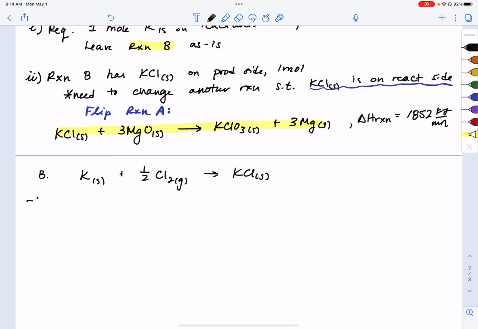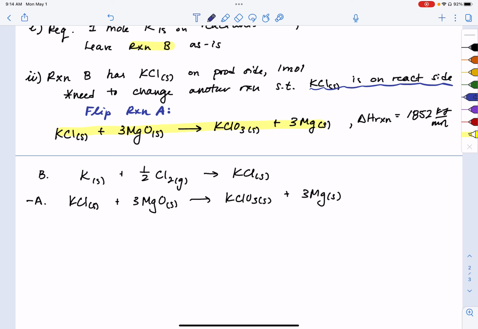And then the flip of reaction A, so I'm just putting a negative sign to indicate that we reversed it, is our KCl solid plus 3 MgO solid going to KClO3 and 3 magnesium solid.